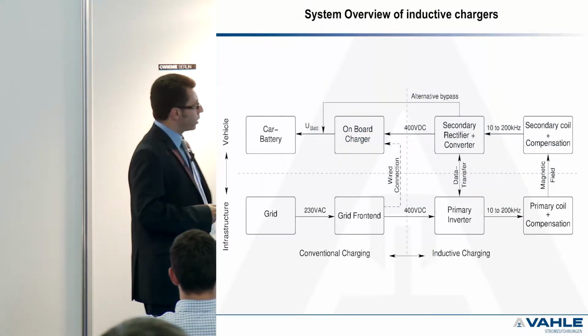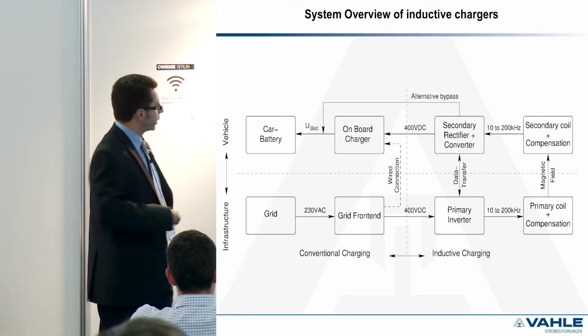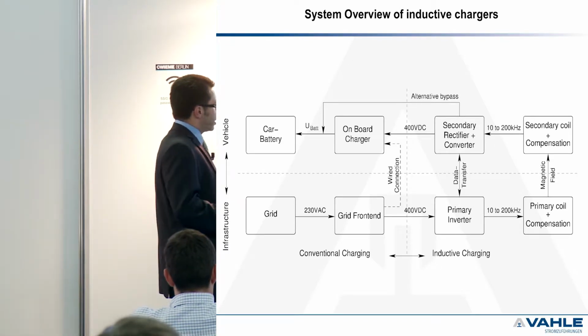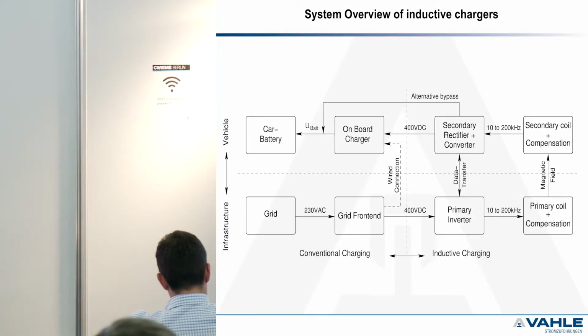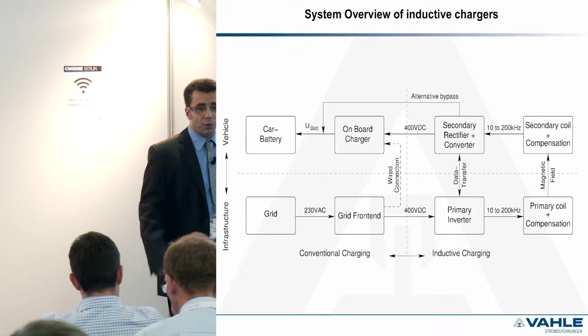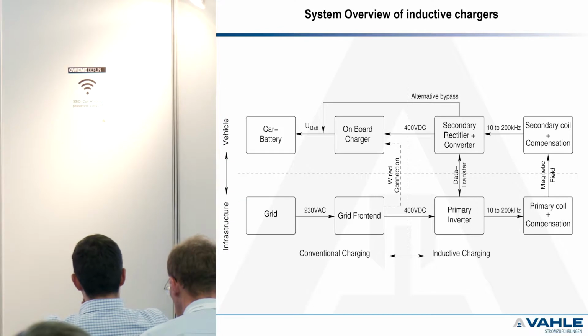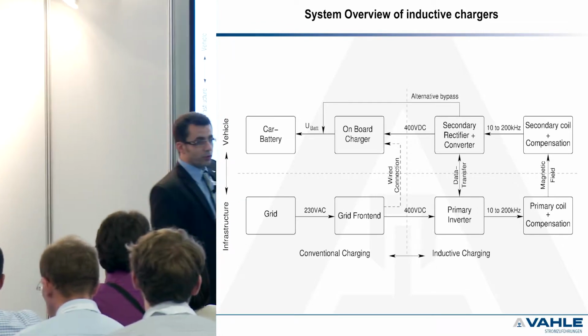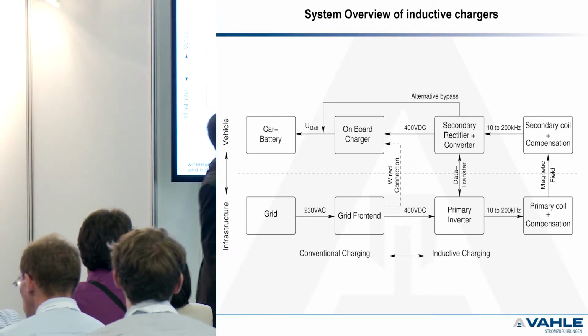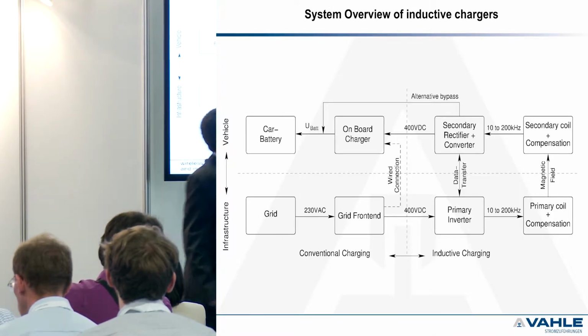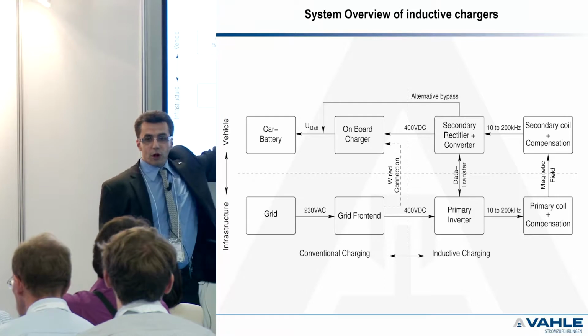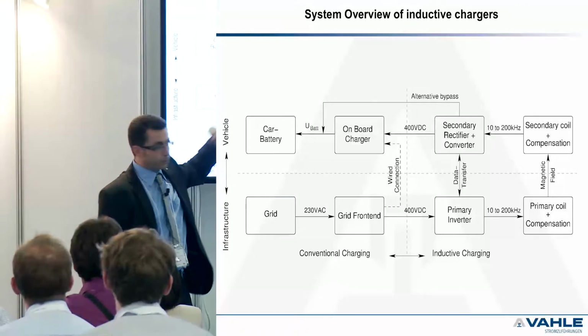Okay, now we can go a little bit more technical. So this is the overall system. So we got here a grid, the grid front end, which is a normal PFC. If you have a normal common cable system, you can have a wire connection, and then you got the onboard charger. So on this part, you got the normal, conventional charger.